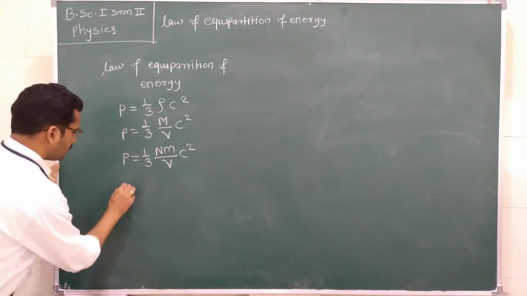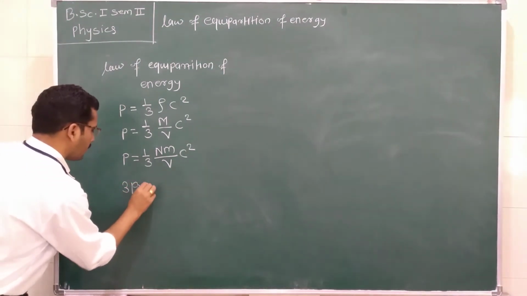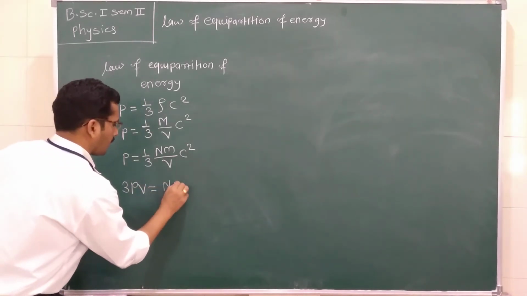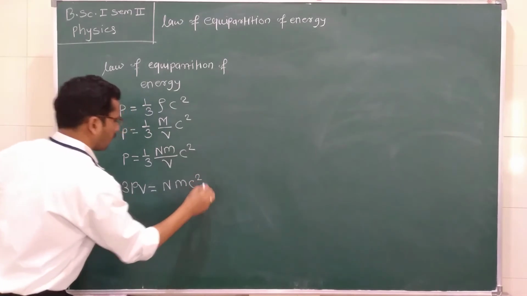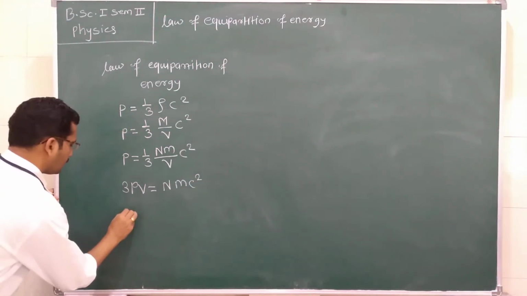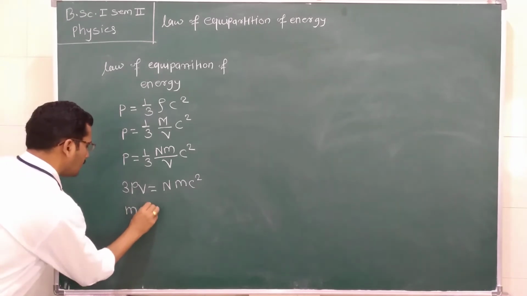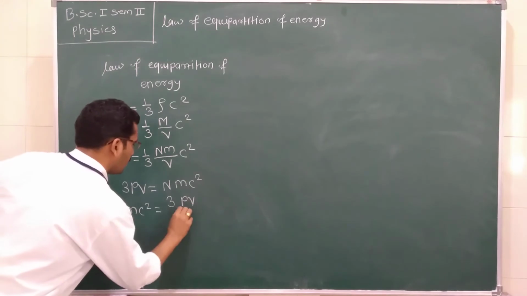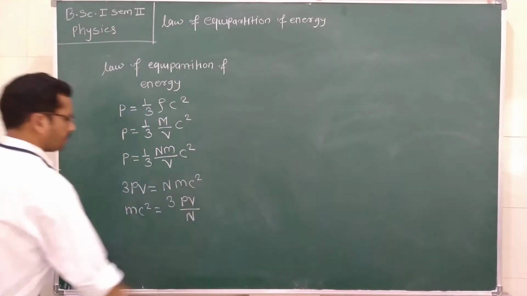We can rearrange this equation as 3 PV is equal to n m C square, or we can also write this equation as m C square is equal to 3 PV divided by n.